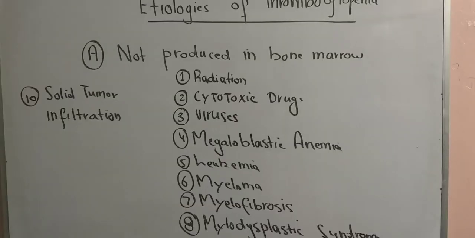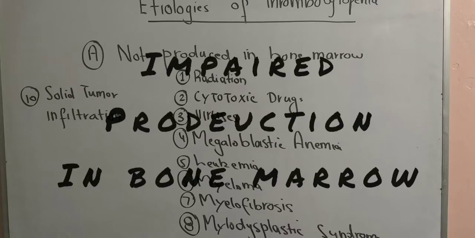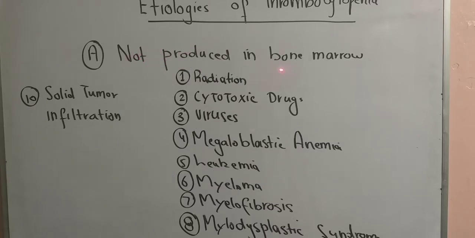Talking about the causes of thrombocytopenia in which we do not see proper production of the platelets in the bone marrow, there are 10 most famous causes. These are radiation exposure, the patient's exposure to some cytotoxic drugs like chemotherapies, and certain groups of viruses which can cause thrombocytopenia as a result of impaired production of the platelets in the bone marrow.